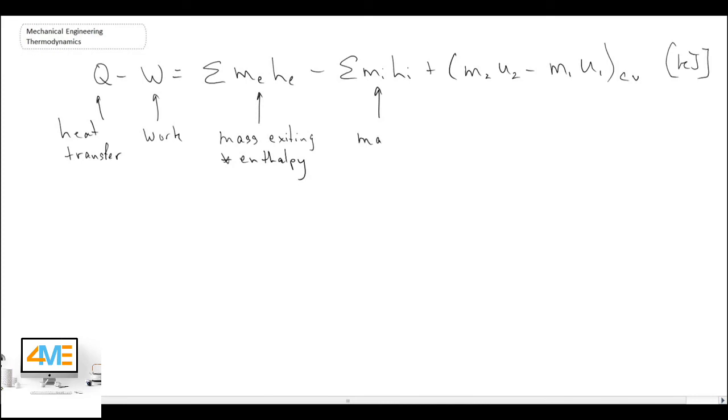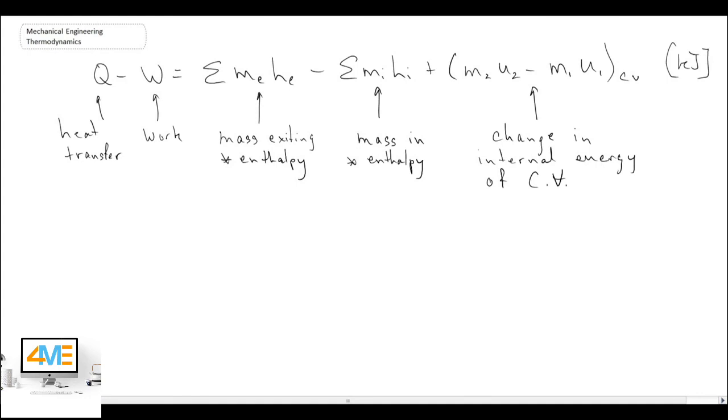Next we have mass in times the enthalpy. And finally, the last term here is the change in internal energy of your control volume.